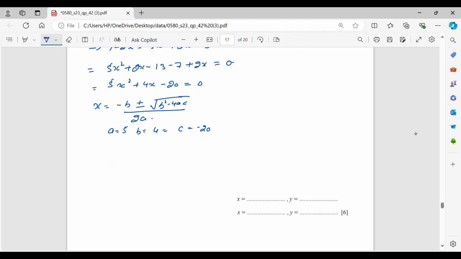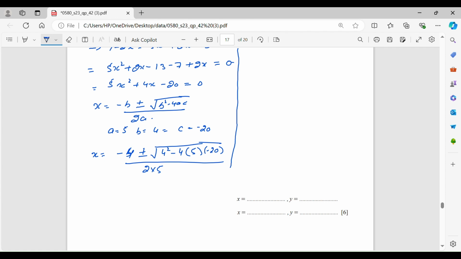This x will be equal to minus 4 plus or minus root of 4 squared minus 4 times 5 times minus 20, over 2a, 2 into 5, right? So x will be equal to minus 4 plus or minus root of, we will use the calculator here, and that will be root of 416 over 10.